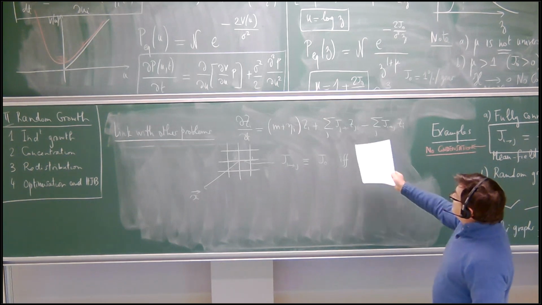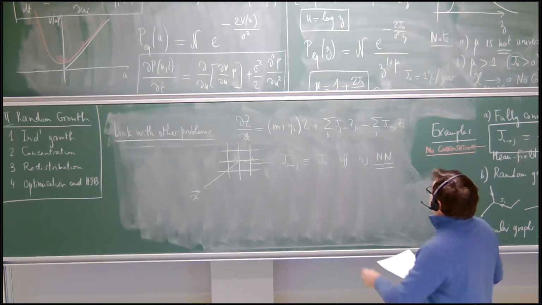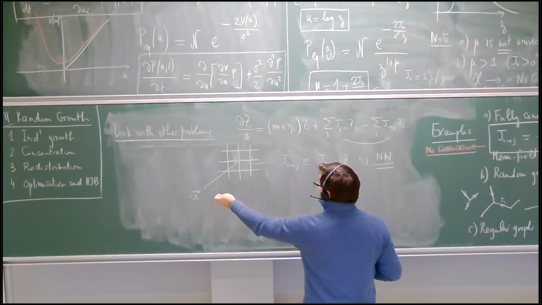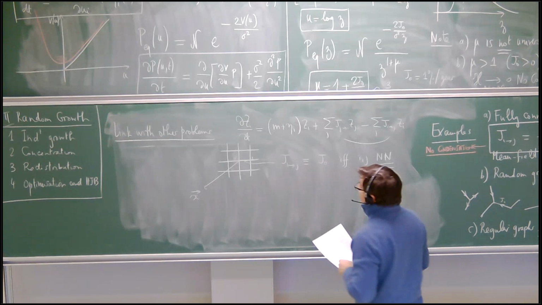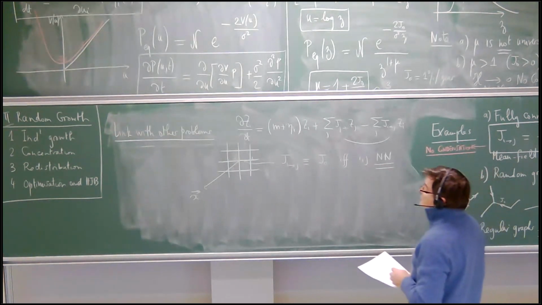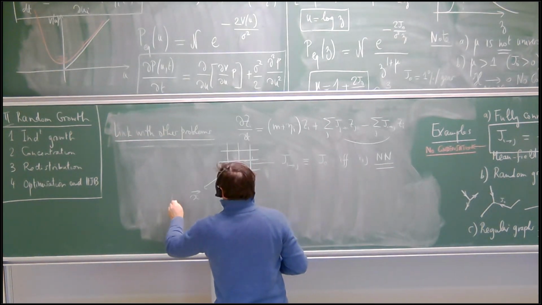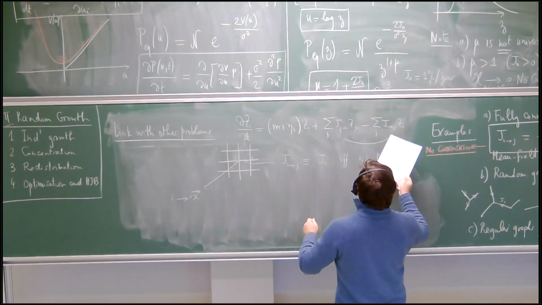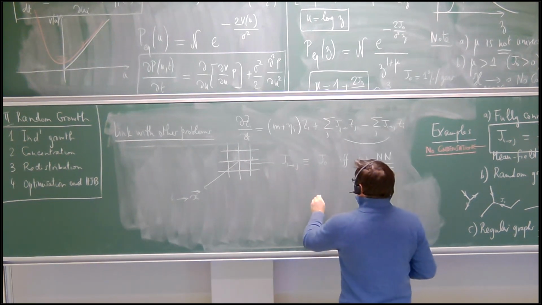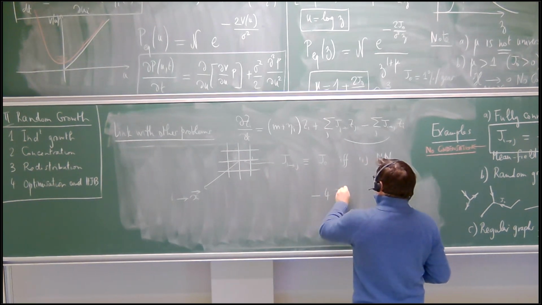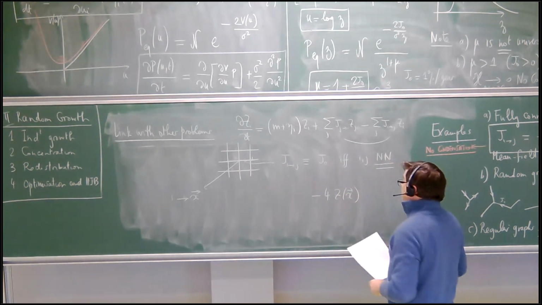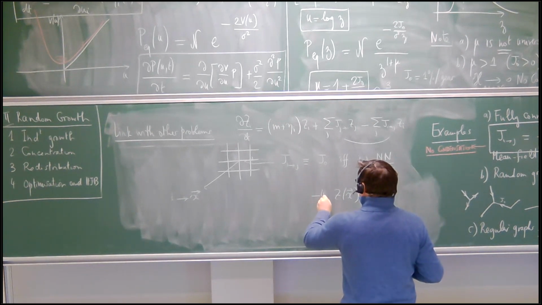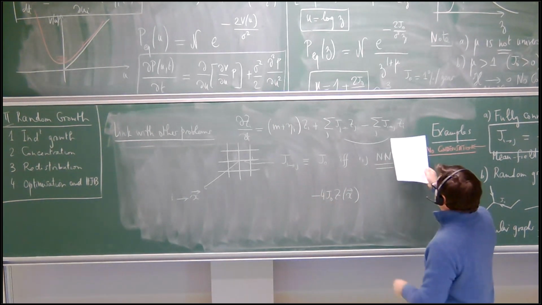If you expand this term, for a given i, which now becomes a two-dimensional vector x, the second term is minus 4 J0 z of x, because there are 4 neighbors.